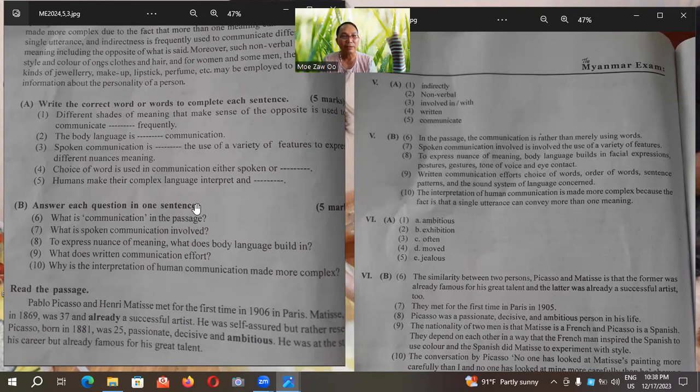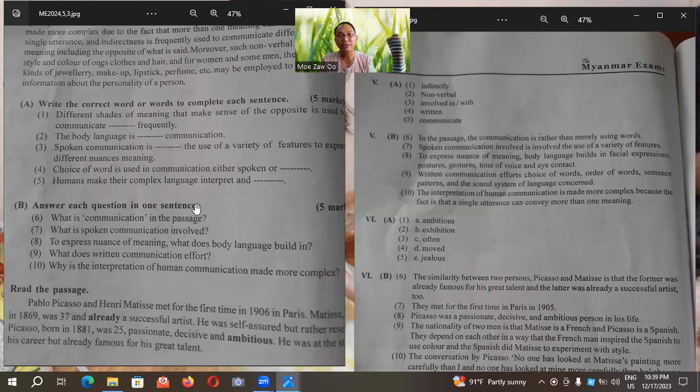What does written communication exploit? Written communication exploits the choice of words, order of words, sentence patterns, and the sound system of the language concerned. Number 10. Why is the interpretation of human communication made more complex?